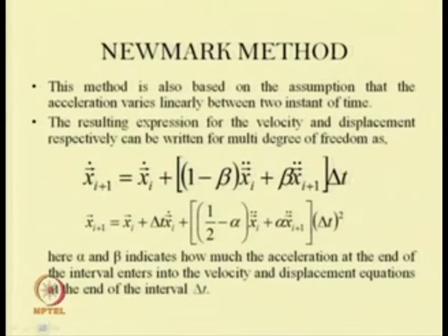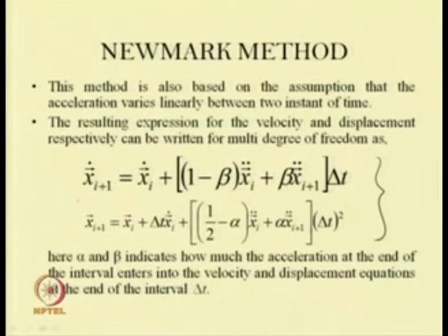Similarly, in the Newmark method also we are assuming the acceleration to vary linearly between two instants of time. The resulting expressions for velocity and displacement can be written for a multi degree of freedom system using these expressions.